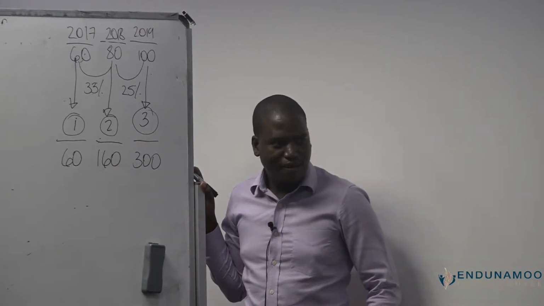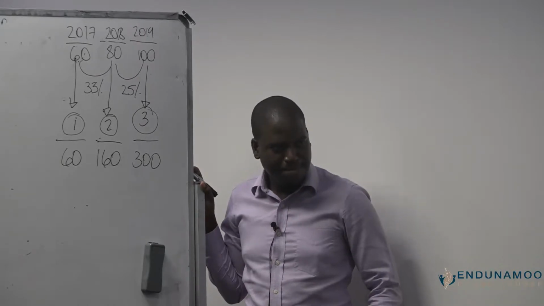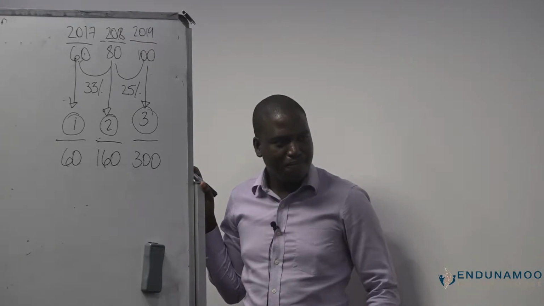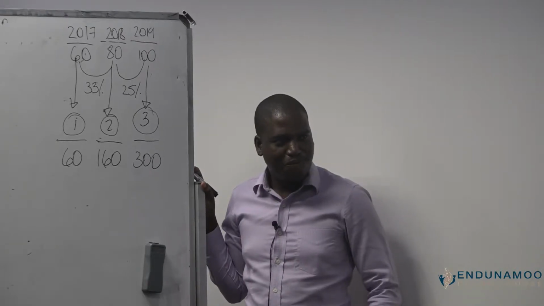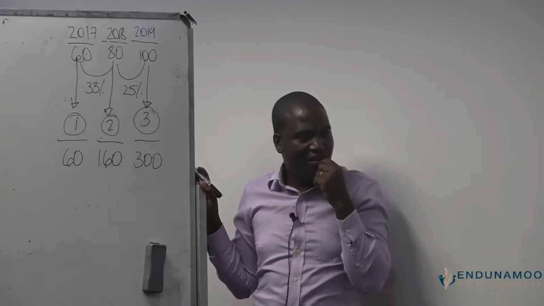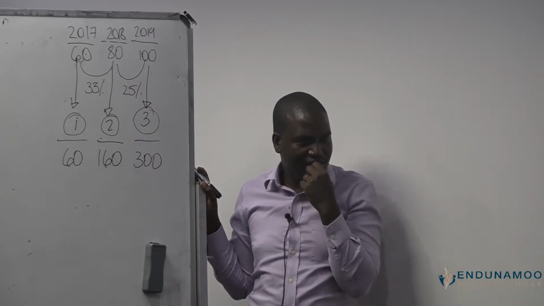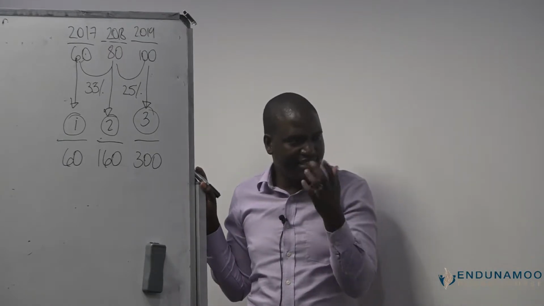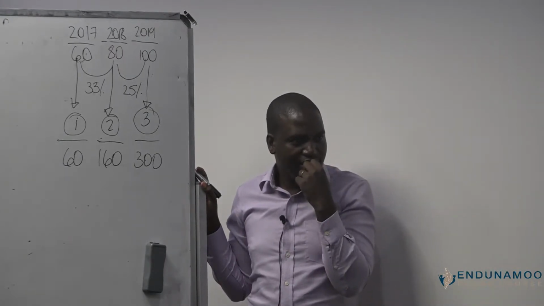Where there is no trend, then you do the weighted average. But there is a trend because it's growing every year. But it's not growing at the same rate. You don't look at the actual figures, you look at the real percentage. Oh, okay, sorry.